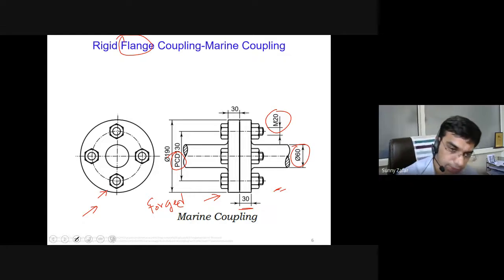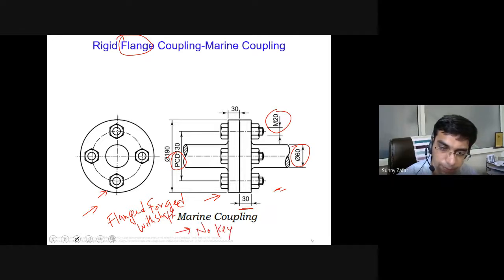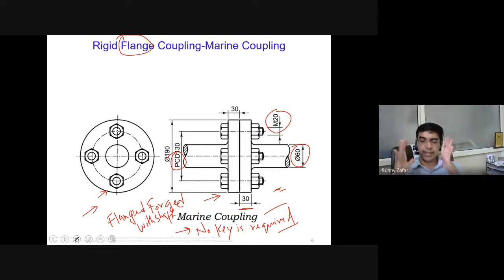Since the flanges are forged with the shaft, no key is required. So you can consider here my hands as the flanges, which are integral part of the shaft. I'm just coupling the two hands or the two flanges, and then I'm bolting it together in order to make the power transmission possible.